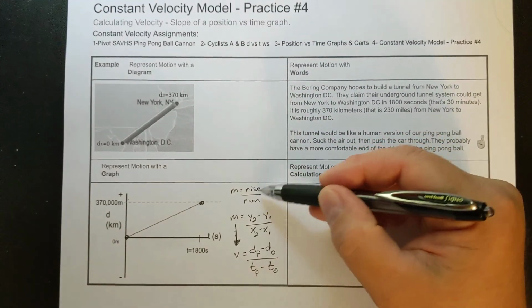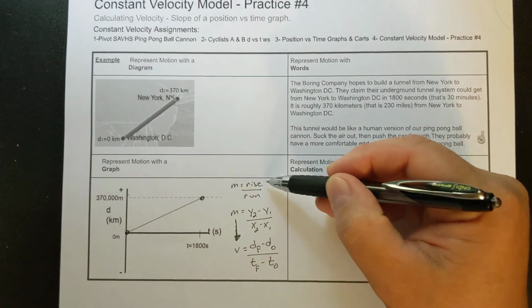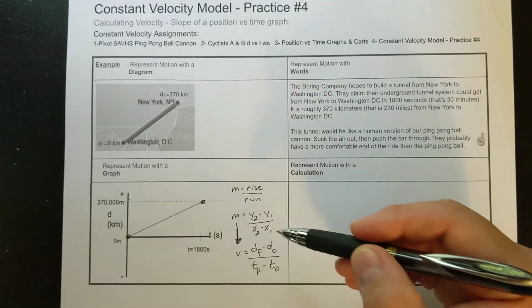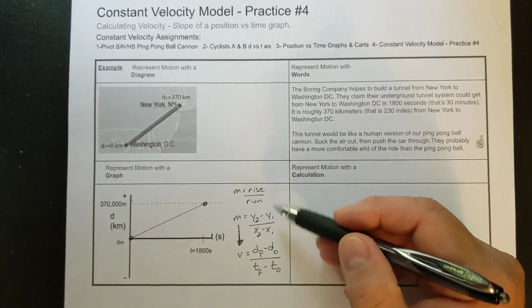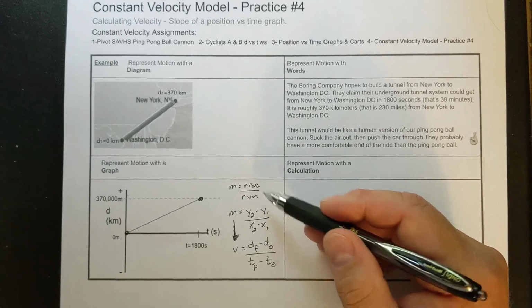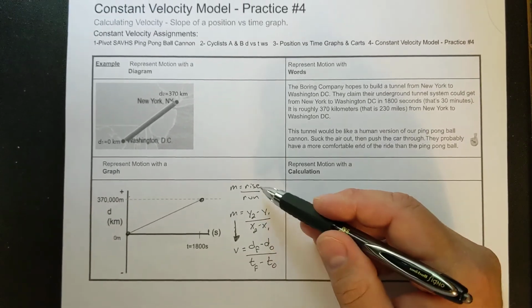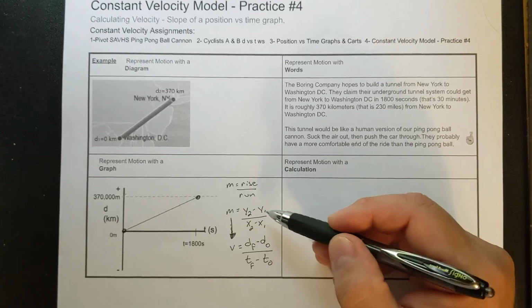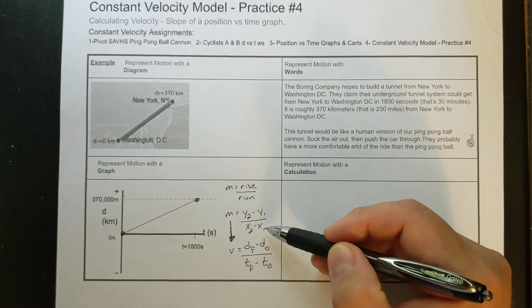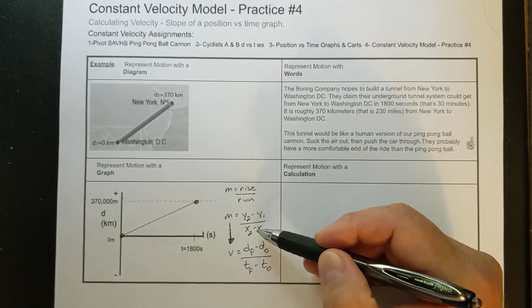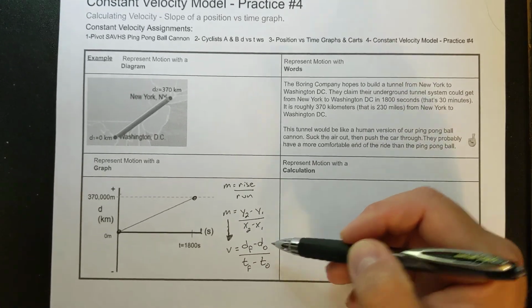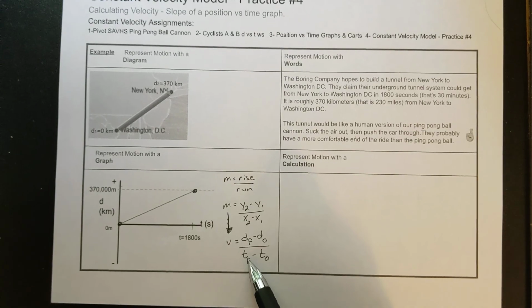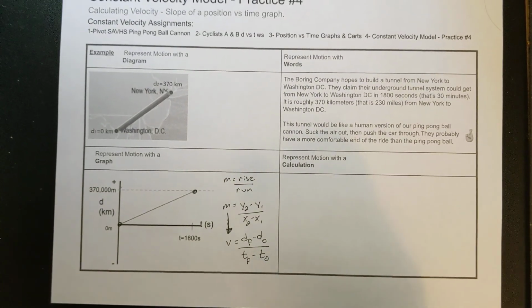So in math class in the past, you've probably used rise over run, or y2 minus y1 over x2 minus x1. Both of those methods work just fine. Either way you want to go, you can go. If we say y2 minus y1 over x2 minus x1, the physics way of saying that would be final position minus original position divided by final time minus original time.